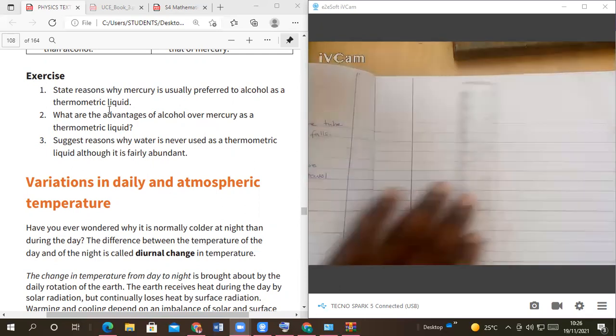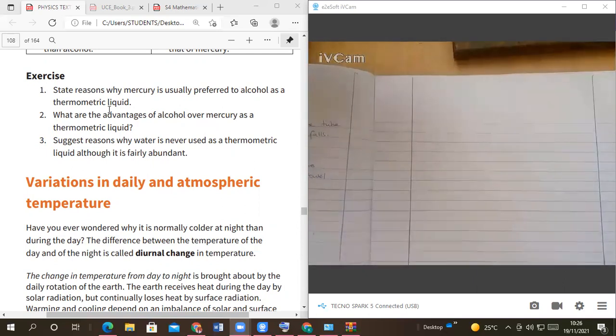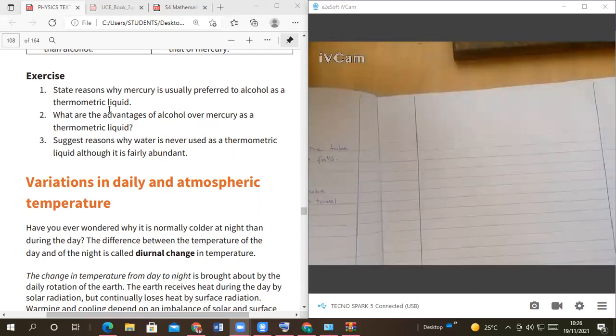The altitude contributes to the daily change in atmospheric temperature, because we know that the higher you go, the cooler it becomes. Why is it cool at a high altitude? At a high altitude, there are fewer air molecules, and these air molecules have less kinetic energy. So their temperature also reduces with their kinetic energy.